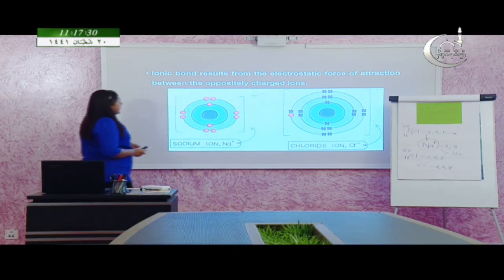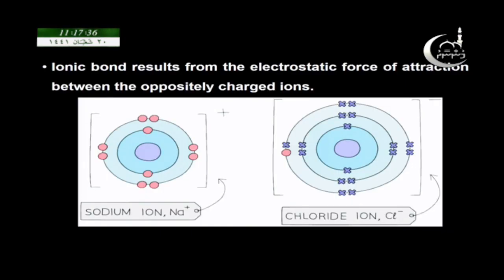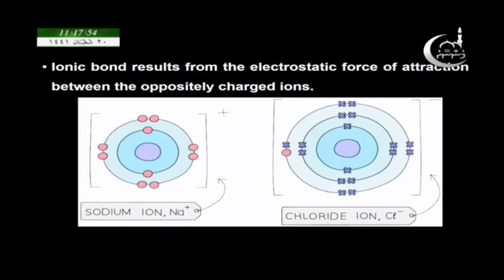Now, the statement says ionic bond results from the electrostatic force of attraction between the oppositely charged ions. 2 very important terms, electrostatic force of attraction between the oppositely charged ions. What are the oppositely charged ions present in the structure? We have a positive ion and we have a negative ion. So, this force of attraction binds the molecule together and it forms the ionic compound.